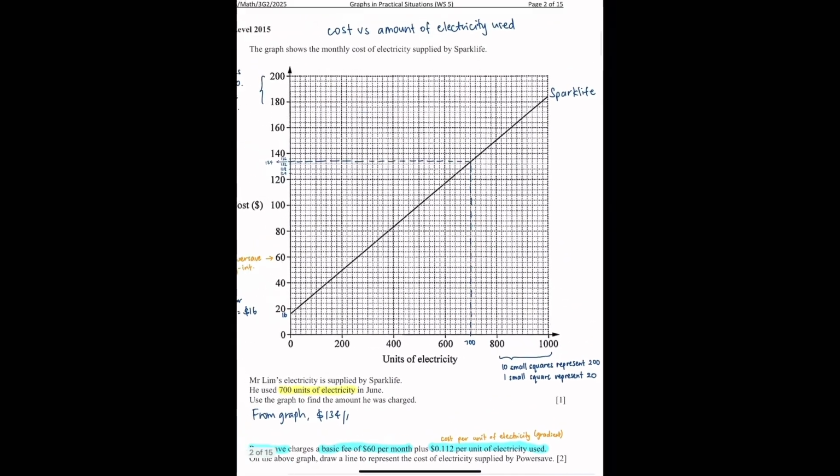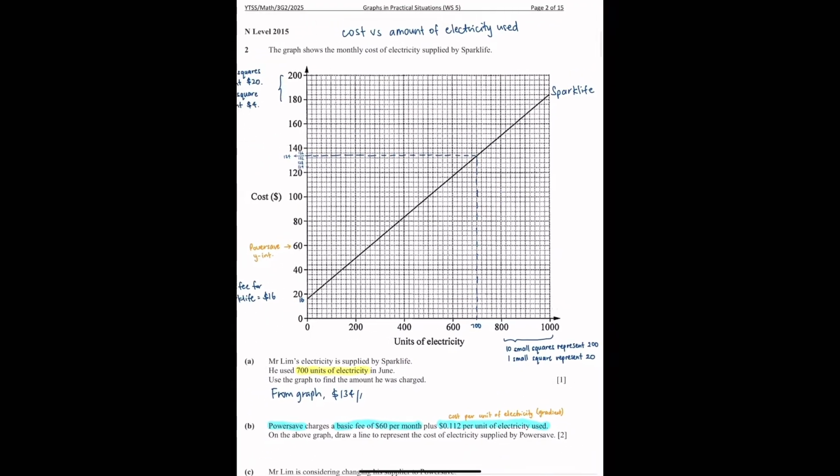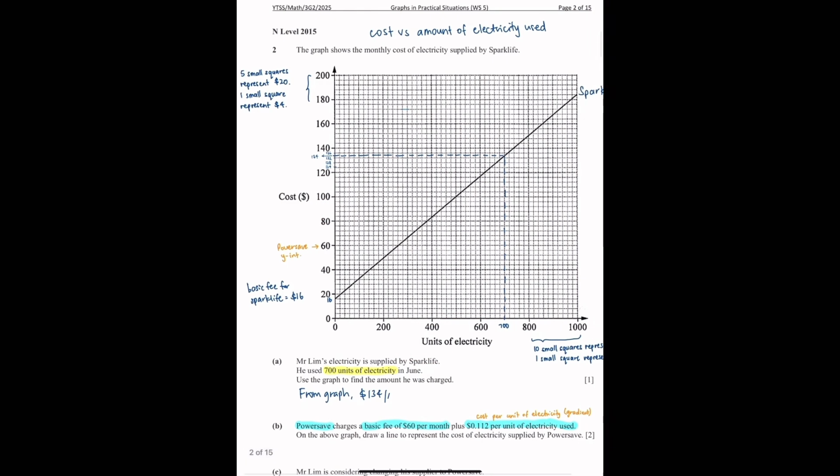I'm going to zoom out and go back to SparkLife. If you notice, the y-axis represents cost, the x-axis represents units of electricity. So if we were to write the gradient formula for this particular graph, the y-axis is cost over units of electricity, which is the x-axis.